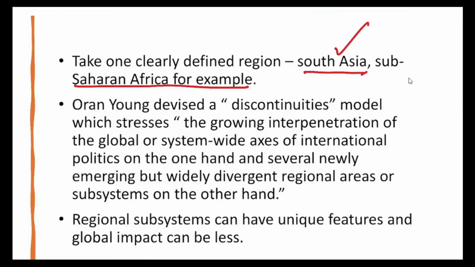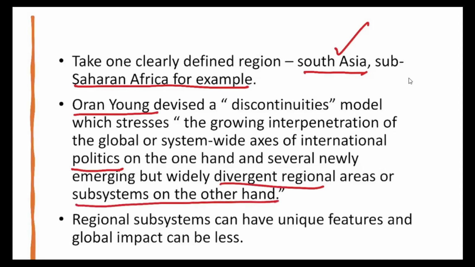Okay, and some looked at the interconnections between the subsystems and the system. For example, Oran Young devised what is called the discontinuities model, which stresses the growing interpenetration of the global or system-wide axis of international politics on the one hand, and several newly emerging but widely divergent regional bases of subsystems on the other hand.